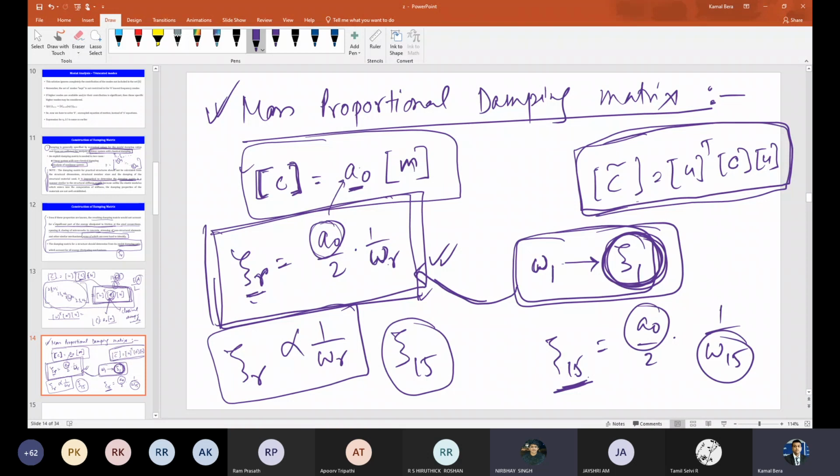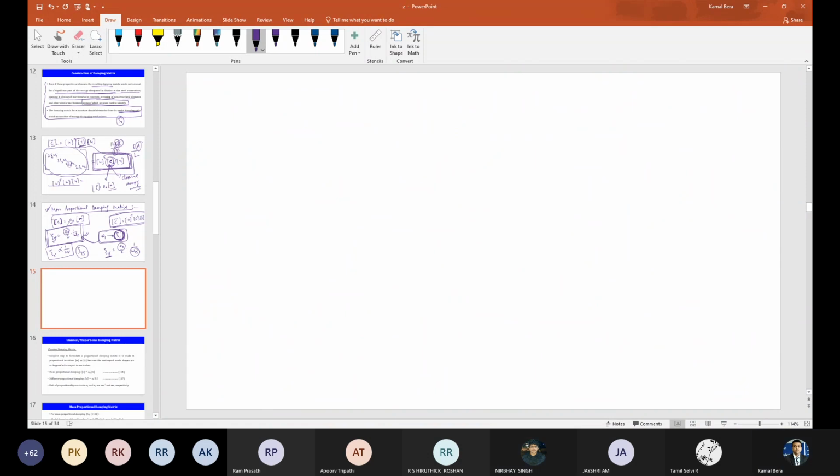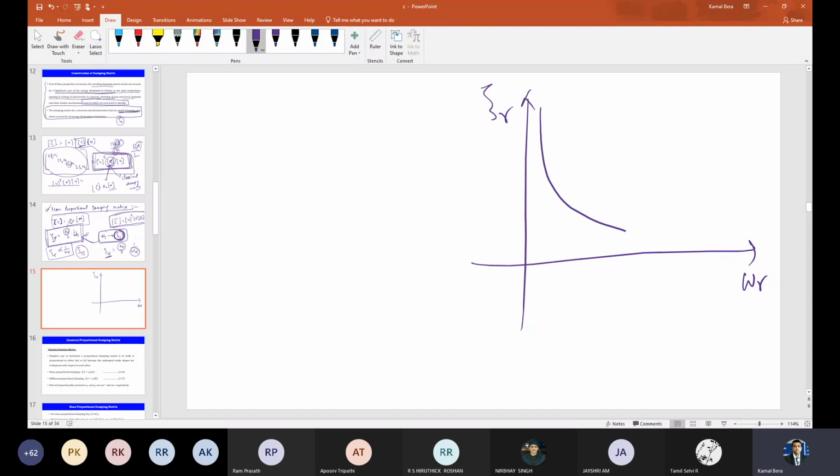Increases? Sorry, it will decrease. Come on, it is inversely proportional. Yes, sir. So it will be like this: against natural frequency, zeta r will be something like that.